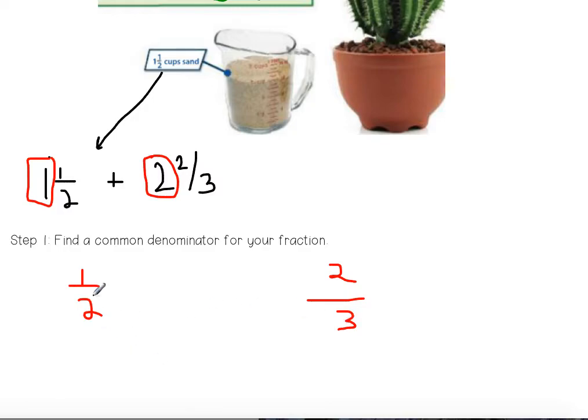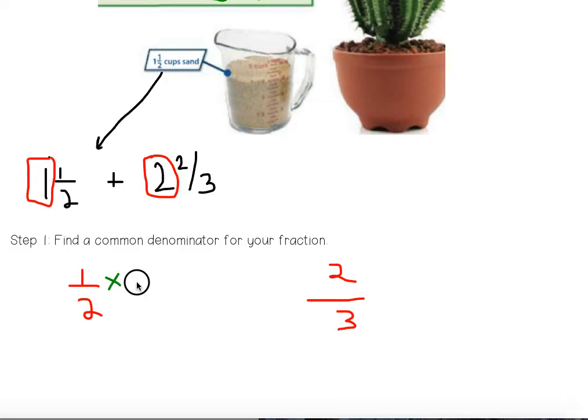Now, if I'm finding a common denominator for my fraction, we know how to do this. I look at my denominators and say, okay, well, do I need to use my least common multiple? Can I multiply across? Is there a factor for one of my denominators? And in this case, I would say that using the least common multiple is going to get you your common denominator. So 2 and 3, what they have in common is 6.